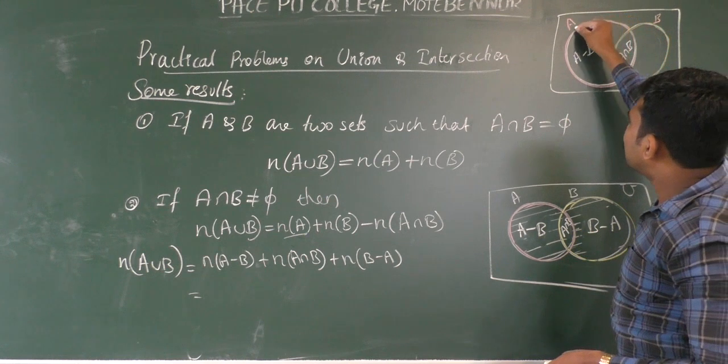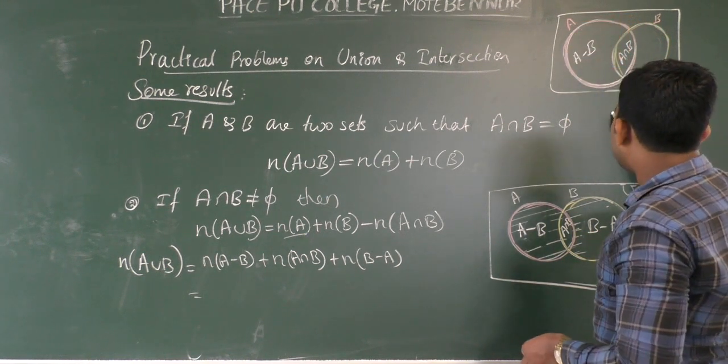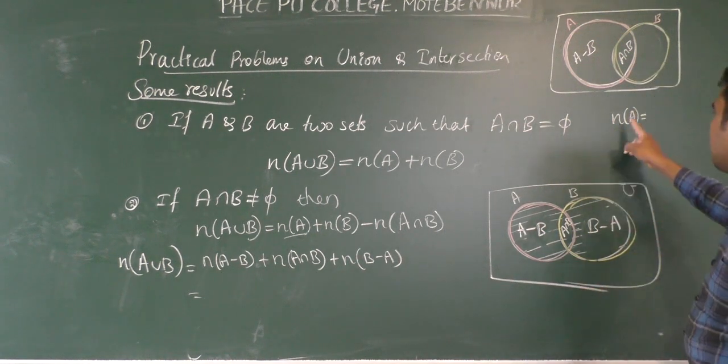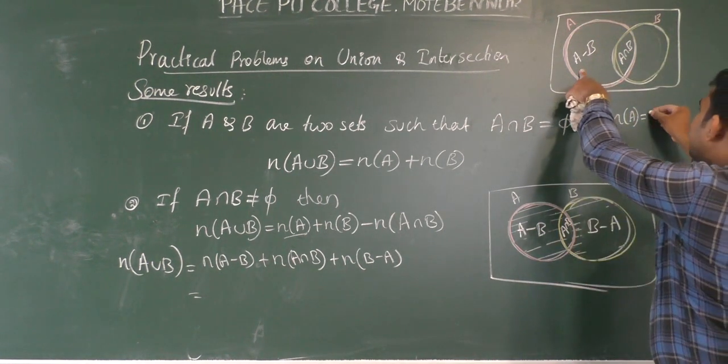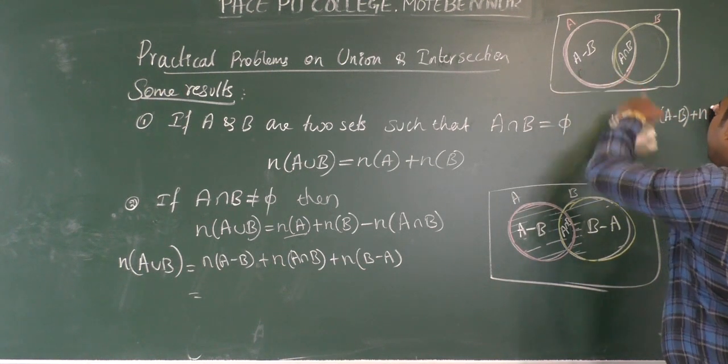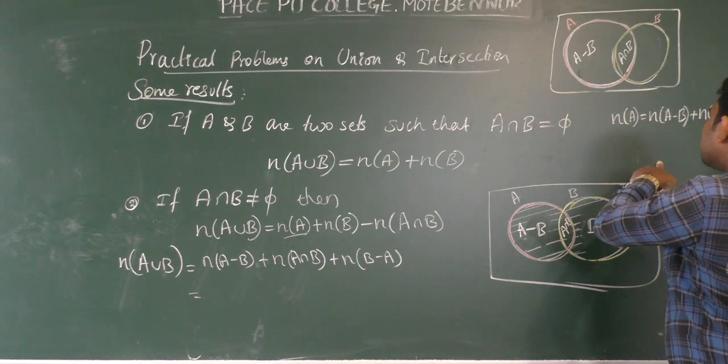Now, if you collect all the elements of A, this is nothing but the number of elements in A minus B plus the number of elements in A intersection B. Is that visible?